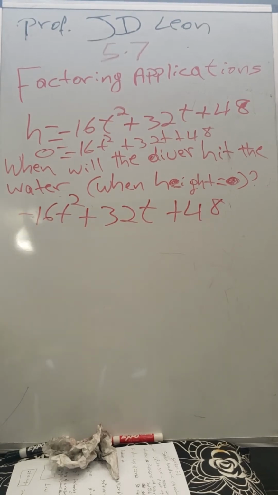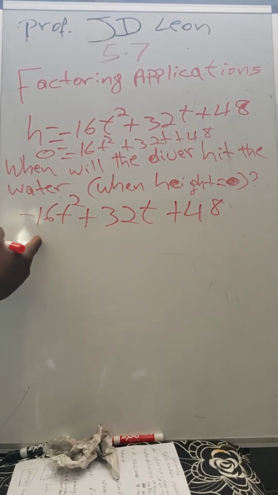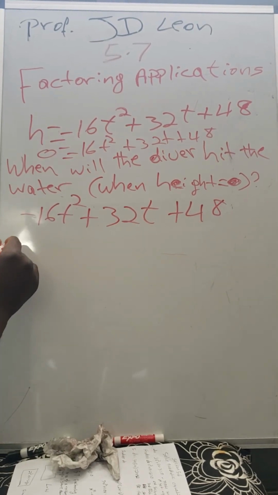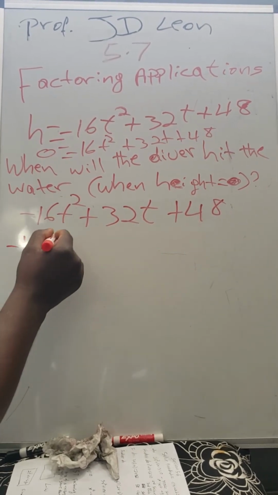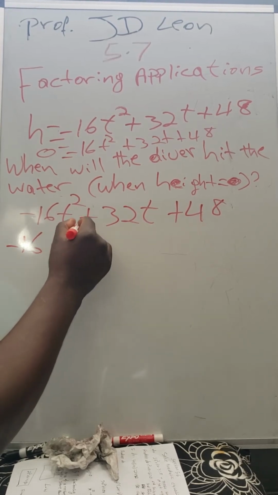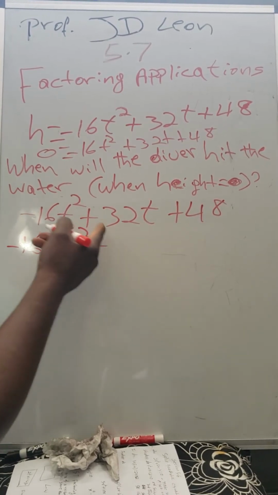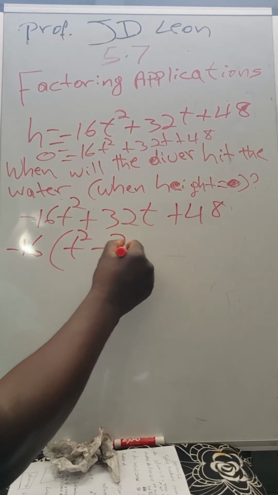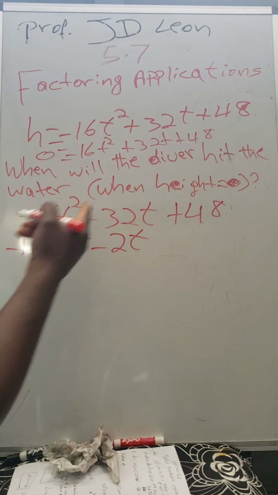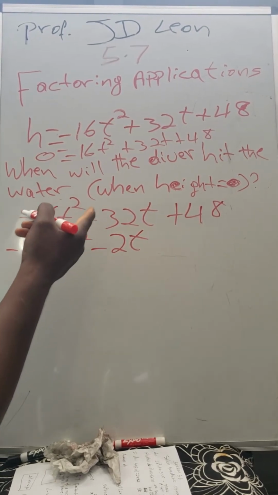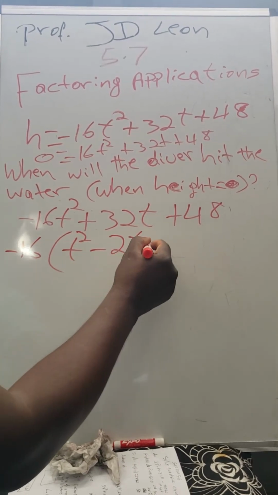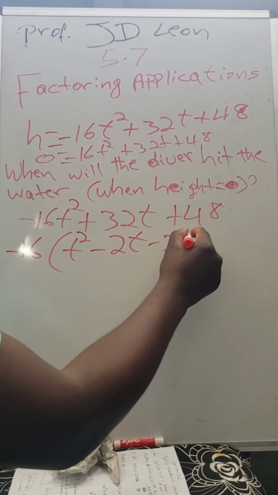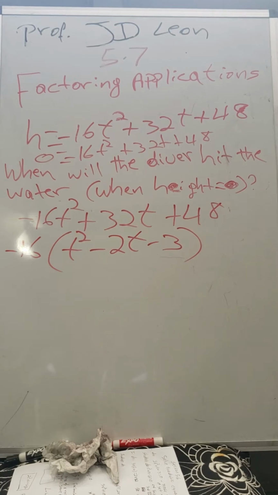We have to factor out this negative 16 because we can see 16 is the GCF. When we factor out, we have to pull out the leading term. So negative 16 times t squared minus, it's going to change the sign because we factored out a negative, minus 2t. 32 divided by negative 16 is negative 2t. And then the 48 divided by negative 16 will be a negative 3. That is what we are left with.